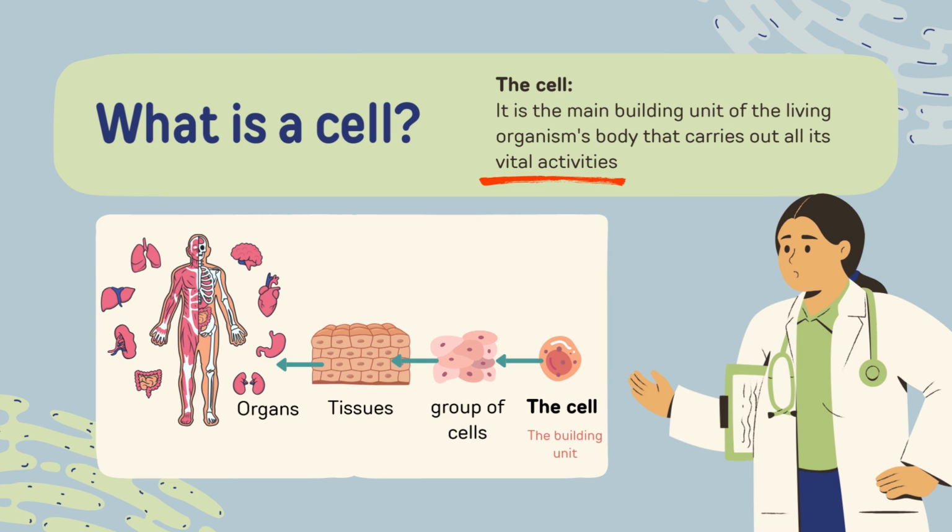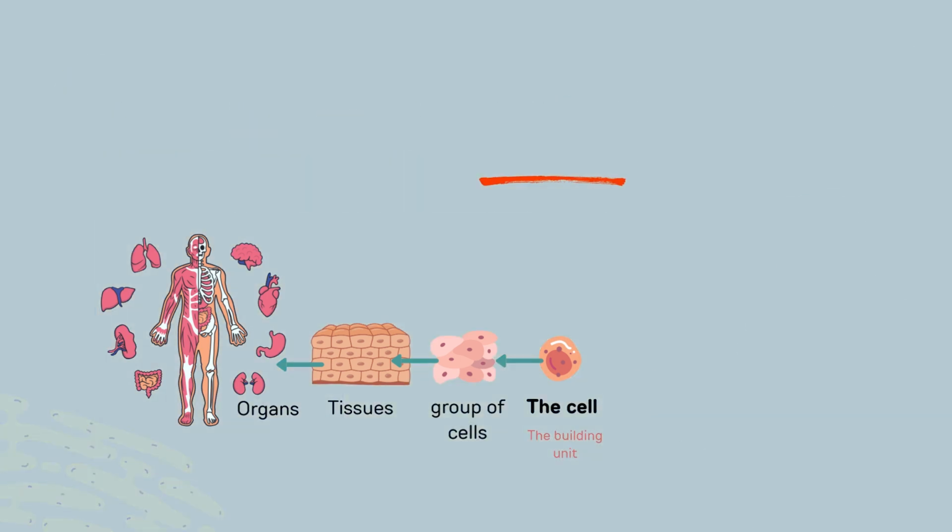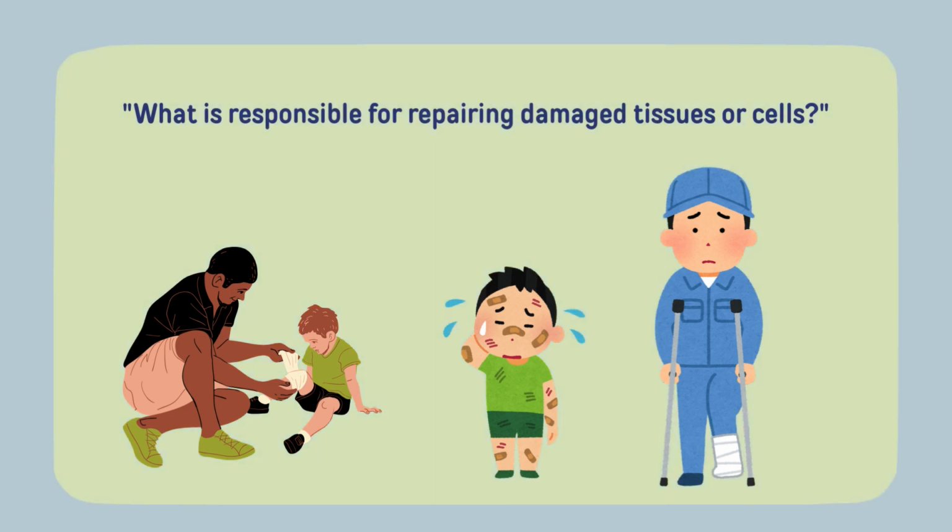This is not the only function of the cell, as the cell can repair damaged tissues or cells. Did you ask yourself before, when you get hurt, and after a few days the injury is gone and your skin becomes normal again?